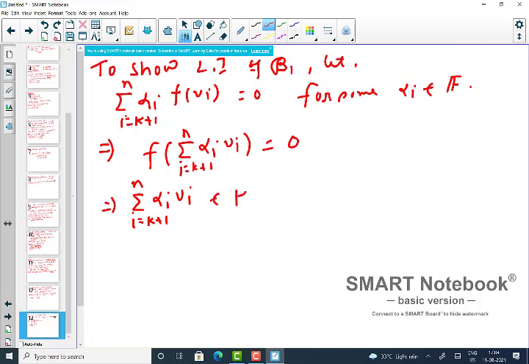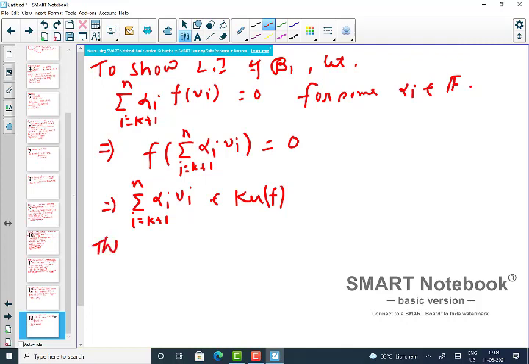Okay, and you know that the basis of the kernel is v1 up to vk. So what does that mean? That means you can write these vectors in terms of v1 to vk.